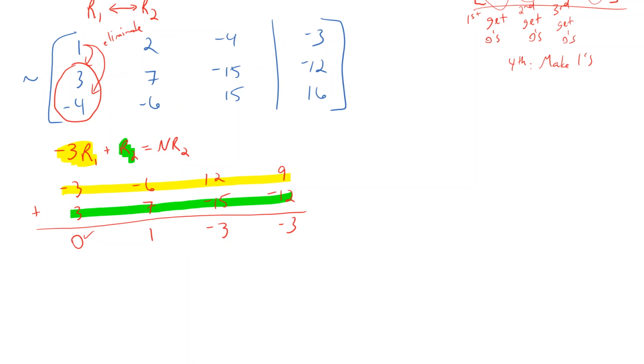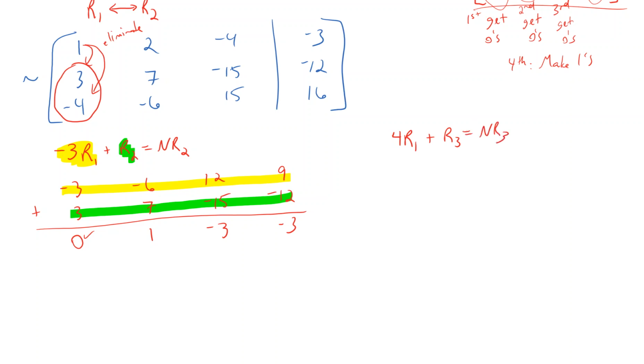But I also want to get a 0 where the negative 4 is. So I need to use my 1 again to eliminate the negative 4. Well, if I want to eliminate negative 4, why don't I turn my 1 into a positive 4? So I'll do that by taking 4 times row 1 and adding it to row 3 to get a new row 3.